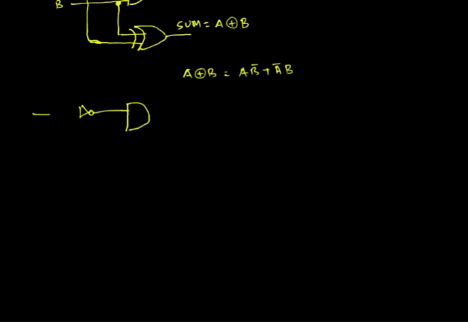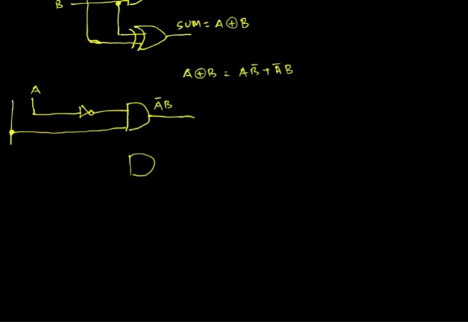So first of all, suppose I am giving the input A here, then it is complemented to give A complement, which should be given to an AND gate. So here it will be A complement B. Now we have to use another AND gate to get the other part, that is A B complement.